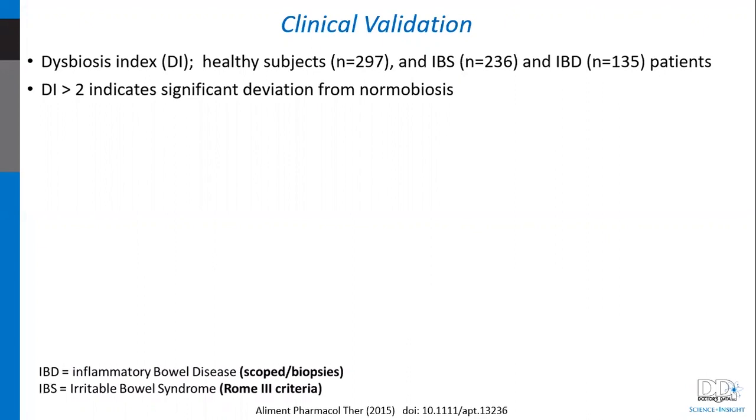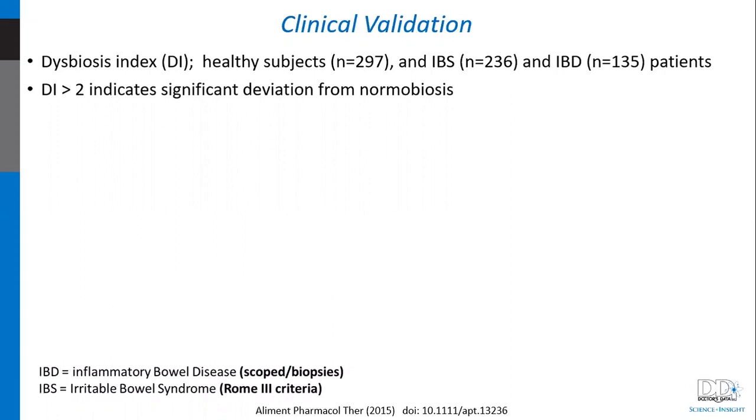The healthy subjects were extensively defined by a very, very large questionnaire. IBS was defined by Rome 3 criteria, and IBD was confirmed by scoping and or biopsy. Now, a dysbiosis score greater than 2 indicates significant deviation from normal biosis.